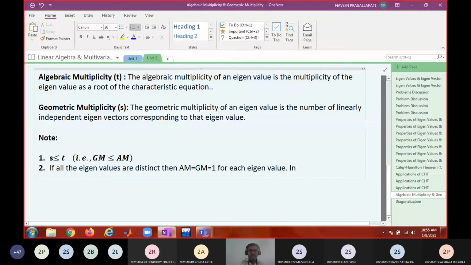In that case, the matrix will have n linearly independent eigenvectors.